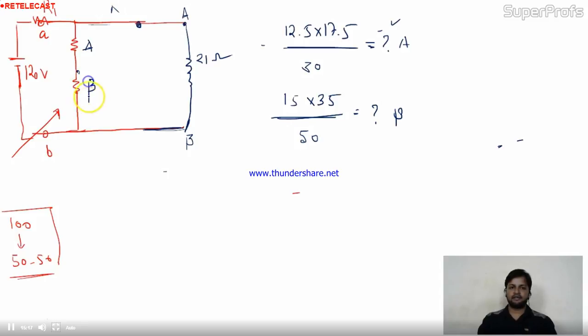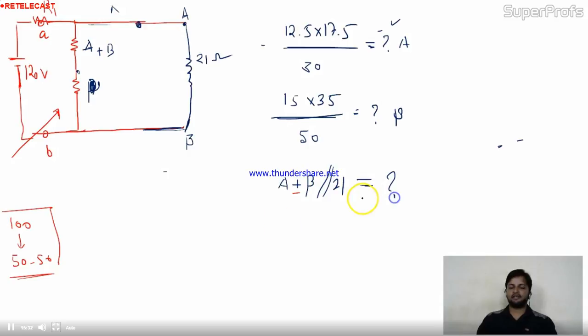Now A and B, they are in series combination, so I can write A plus B. Now A plus B is in parallel with 21.